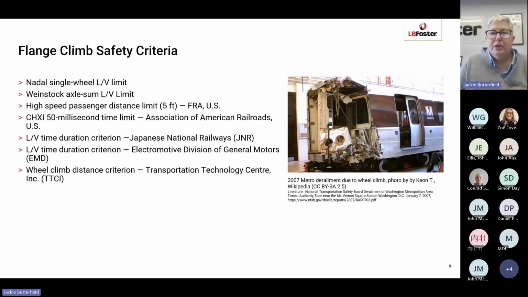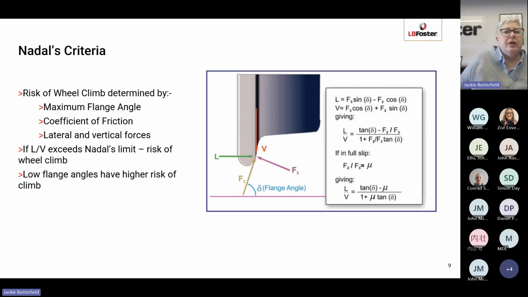So we don't have time to go into any detail about all of these today, so I'm just going to look at the first two, which are the most commonly used, which is the Nadal single wheel L/V limit and the Weinstock criteria. So Nadal's criteria. The original work by Nadal goes all the way back to 1908.